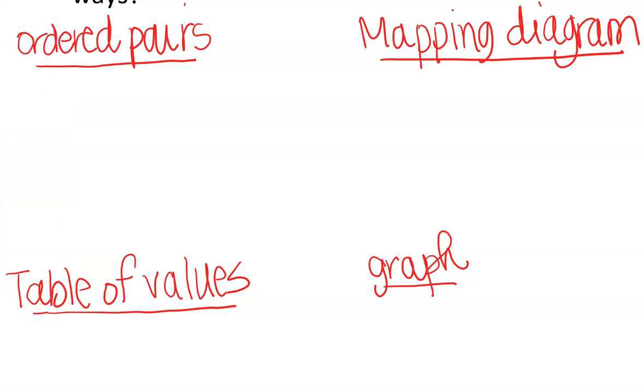All right, ordered pairs. So when you're looking at the picture, we have 0, 10,000. We have 4 seconds, 9,744.